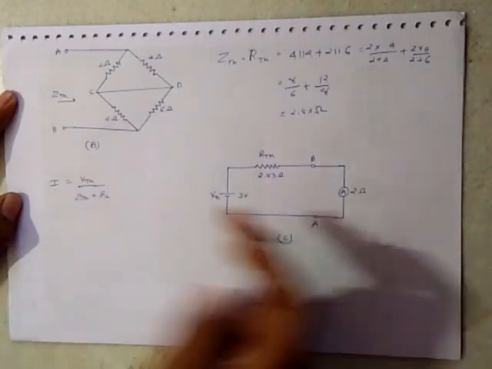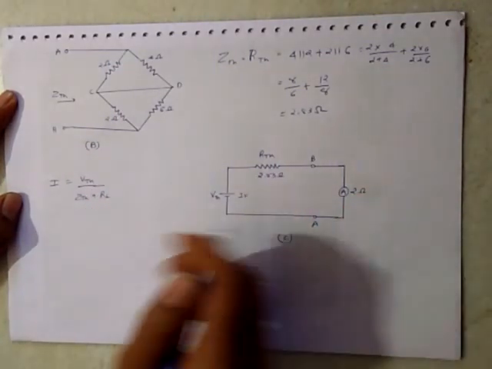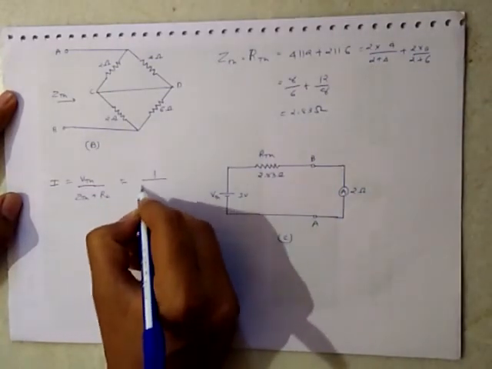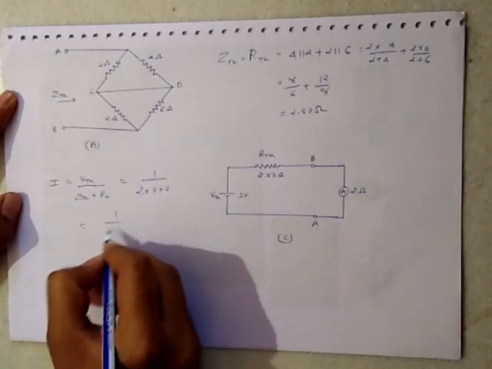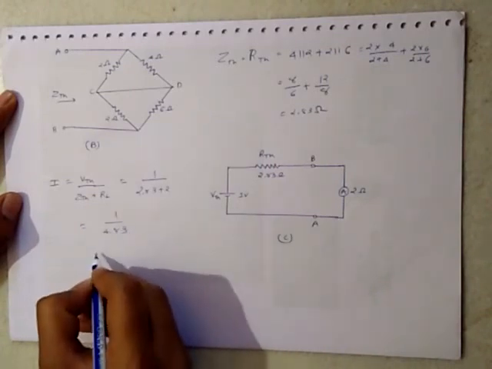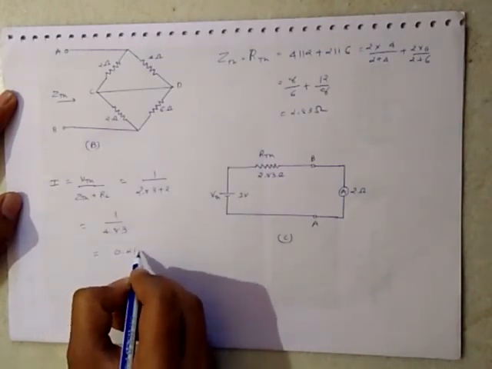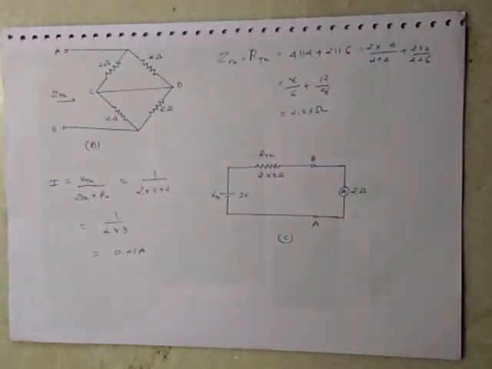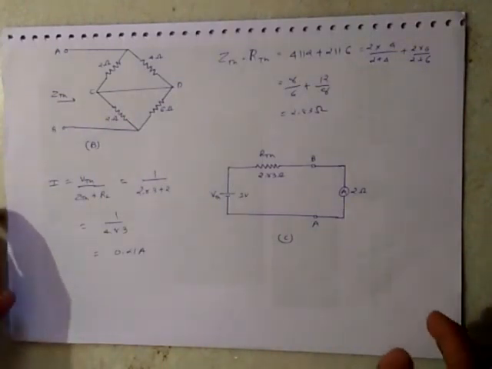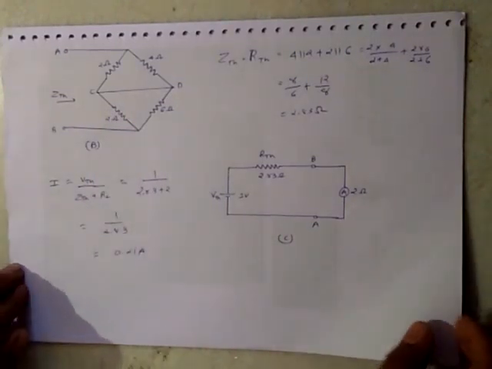Here RL is the load resistance 2, so it is equal to 1 upon 2.83 plus 2, which is 1 upon 4.83, that is equal to 0.21 ampere. Hence this is the current which will flow through the 2 ohm emitter resistor.